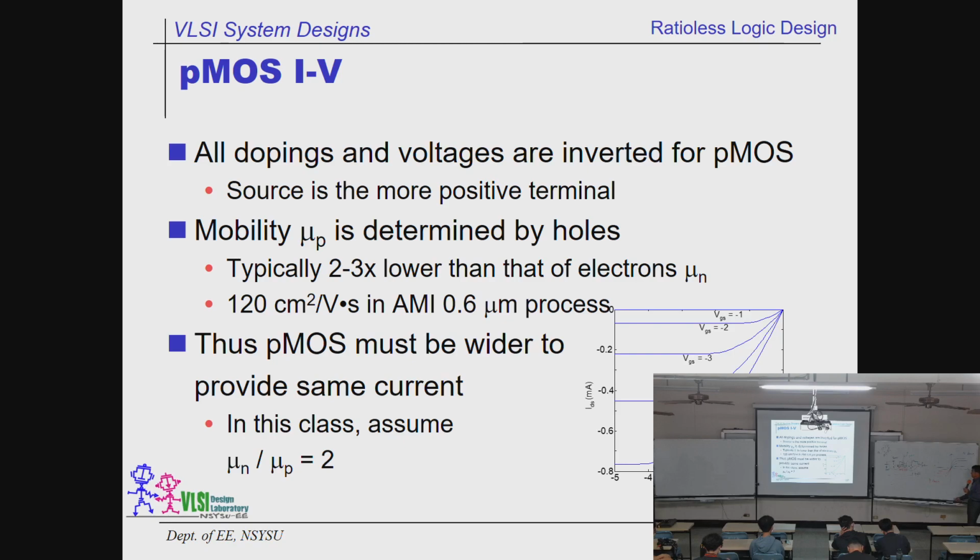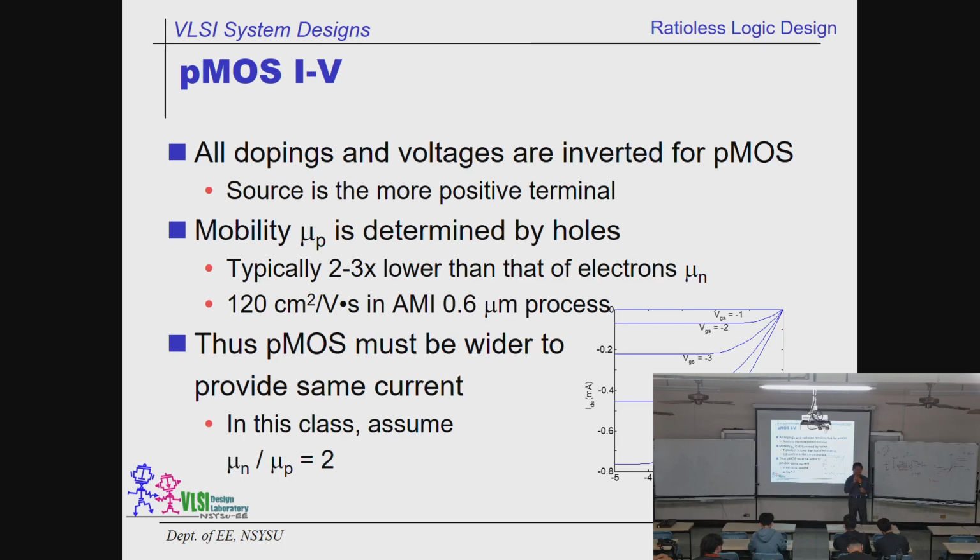Very interesting, huh? The reason why? Because it's quite easy. In the N device, in the vertical, we apply positive voltage to attract electrons. But for the P device, we like to attract what? Electric holes.